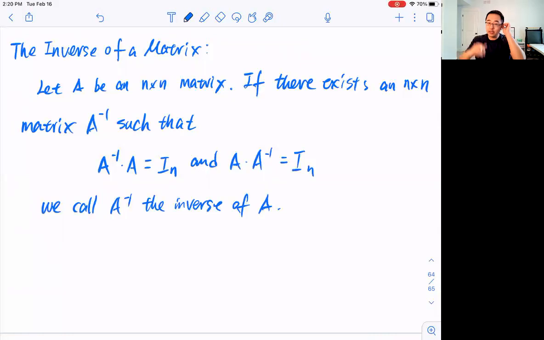It's denoted by A with a -1 superscript, and it has to satisfy all these conditions we have just listed.